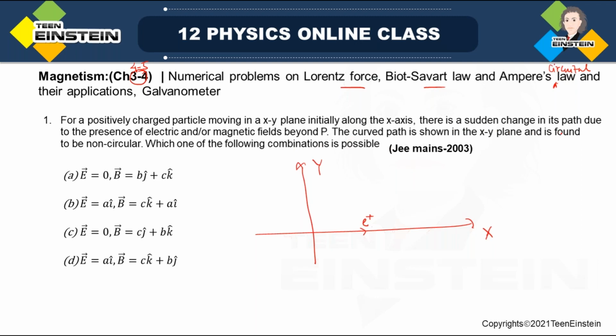There is a sudden change in its path due to the presence of electric and or magnetic fields beyond P. Suppose this is a point P. According to the question, after point P the charged particle is moving along some curved path like this, according to the given figure in the question.